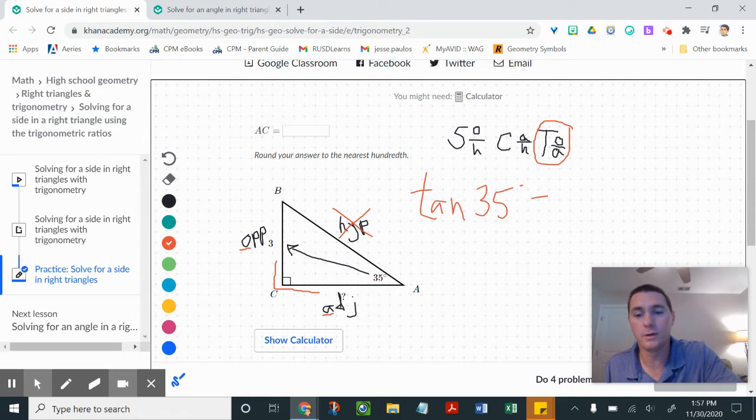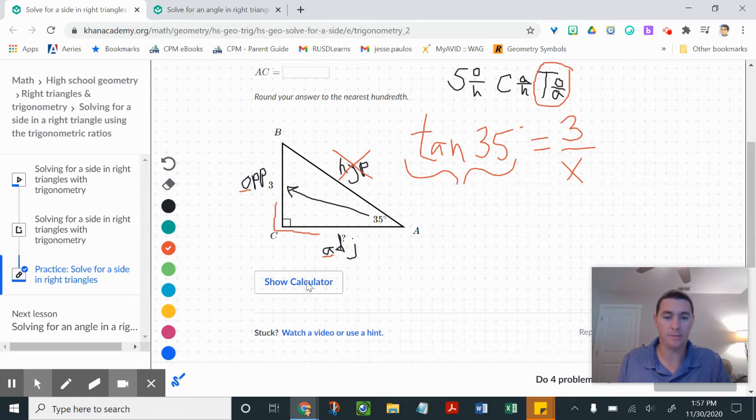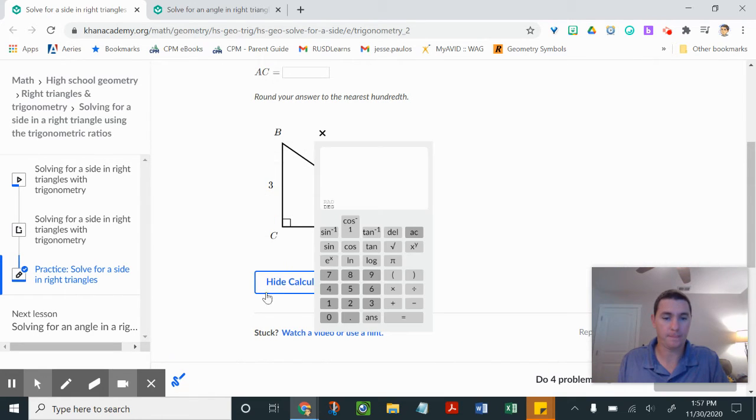Okay, now I know that this tangent ratio is opposite over adjacent, so I can write it as 3 over x. Now, on my calculator, that's where I'm going to find the value of tangent 35. So we bring up our calculator. Let's try this.